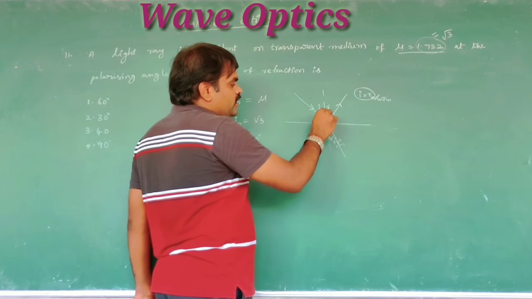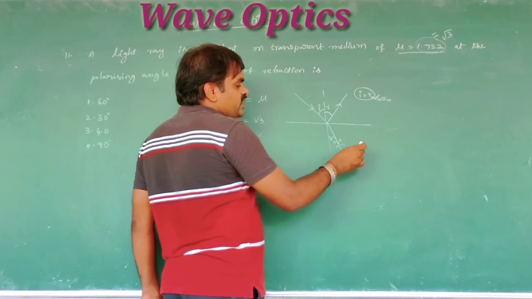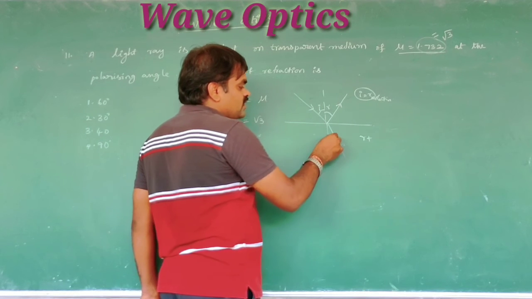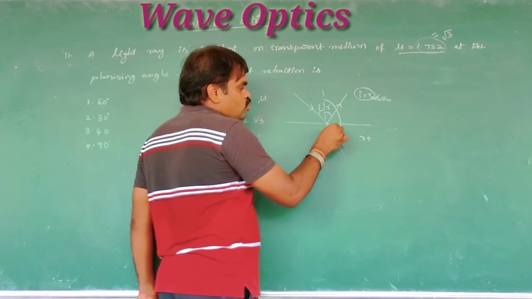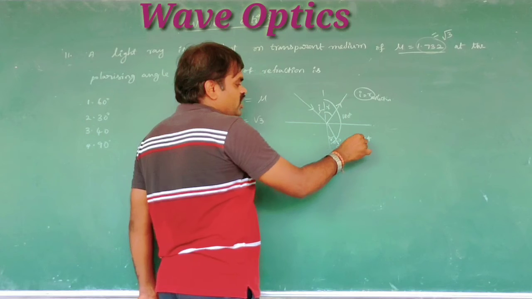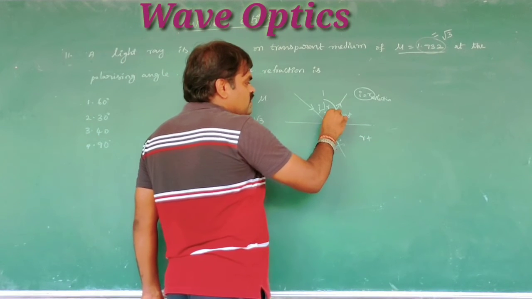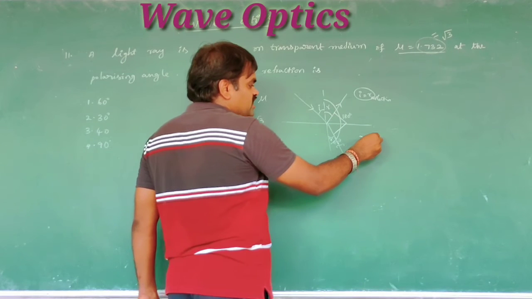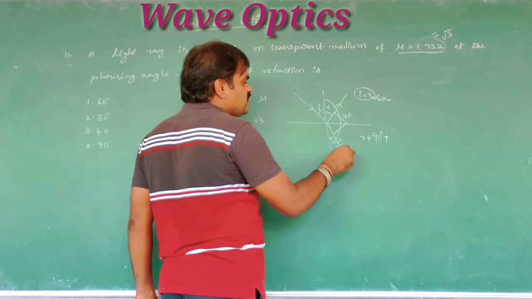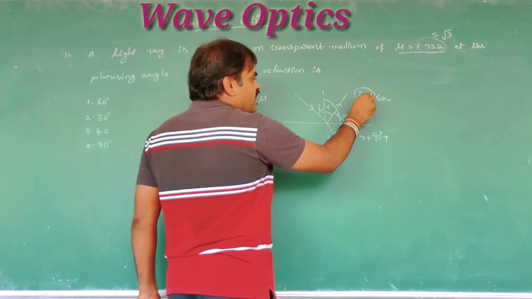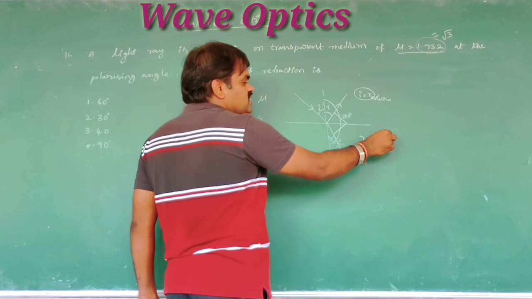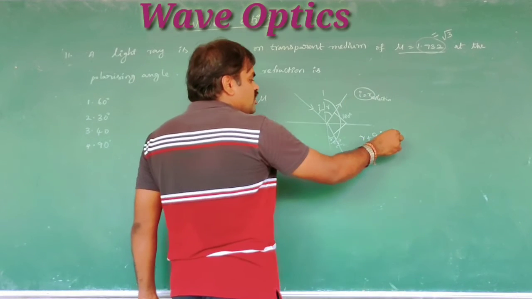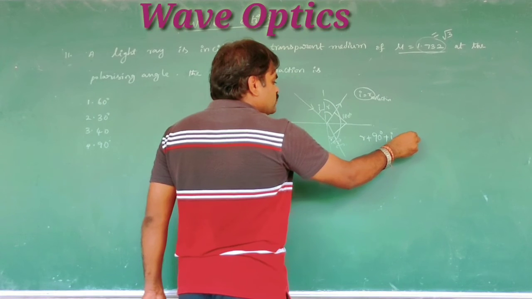Now from the figure we write: the total angle is 180, that is R plus 90 degrees plus the angle of reflection, which is equal to the angle of incidence I, is equal to 180.